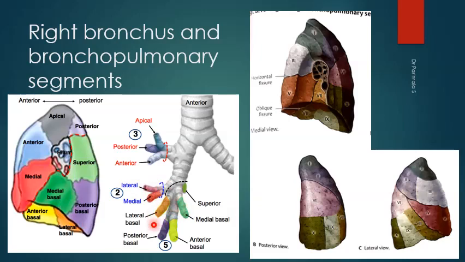So any infection or tumor which is present within the lower lobe can affect the middle lobe of the lung also, and results in the collapse of the entire middle lobe, and this condition is called as middle lobe syndrome.